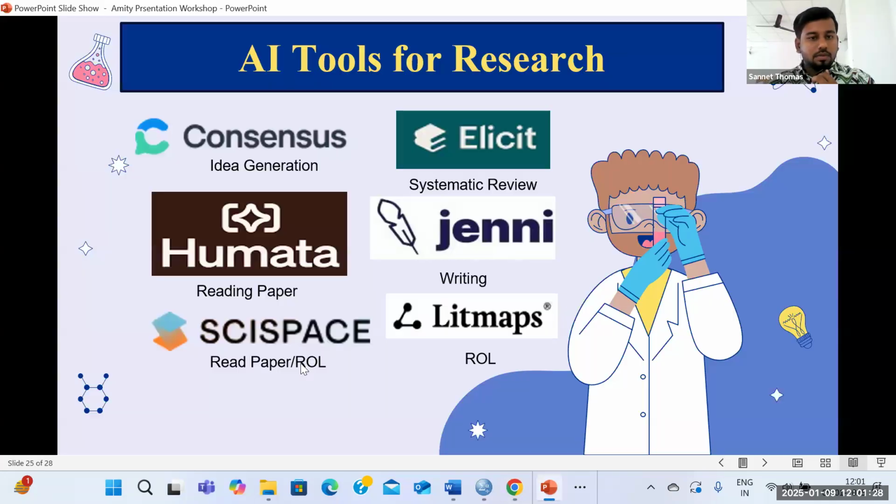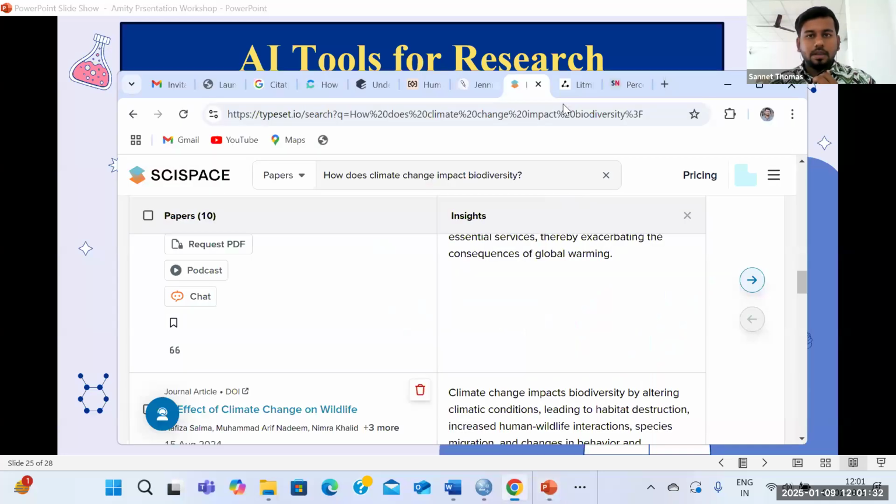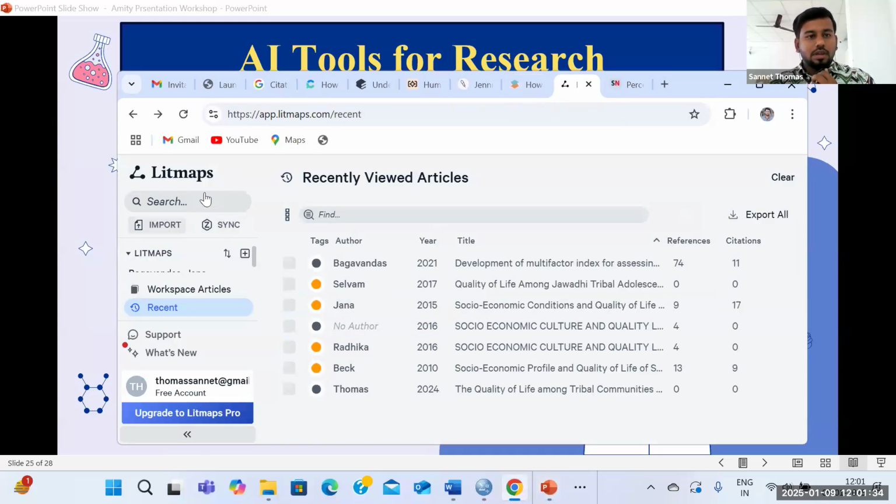Okay, SciSpace will help to read the article and also for the review of literature. The next one is Litmaps. Litmaps will be helpful for tracking the literature or tracking citations, especially in an article, how many citations are there.